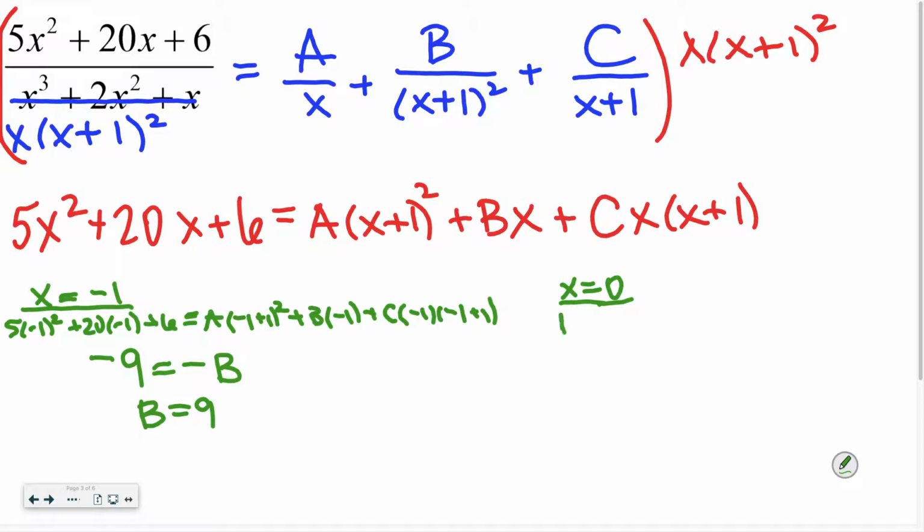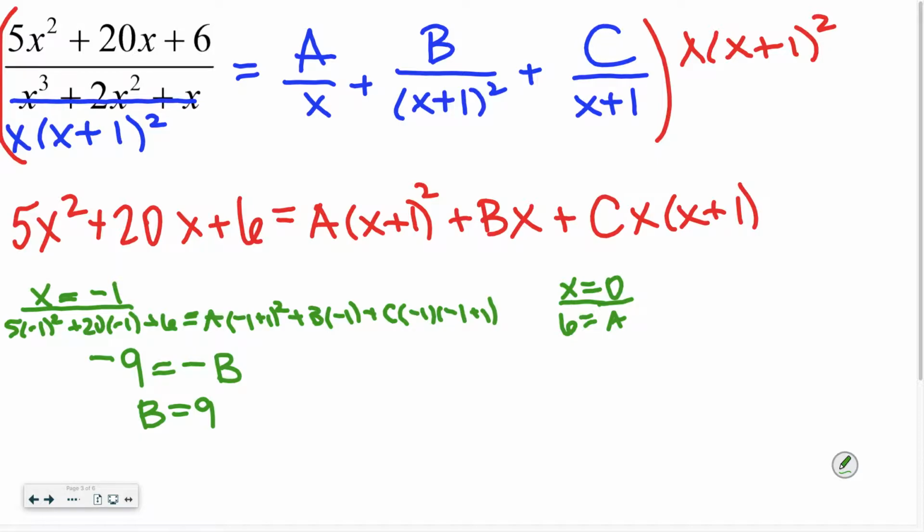And then we have A times 1 squared plus B times 0 plus C times 0 times 1. So really we get A equals 6.